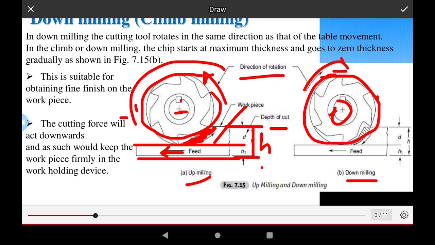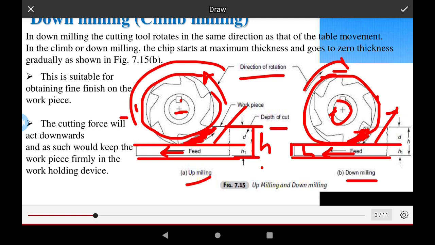The teeth of the multi-point cutting tool are used to perform this operation on the workpiece. This is the feed rate of small h, and this shows the direction of the tool, the direction of the workpiece and the table rotation.